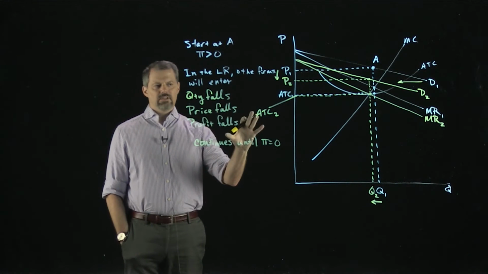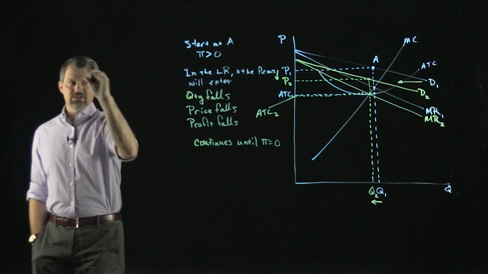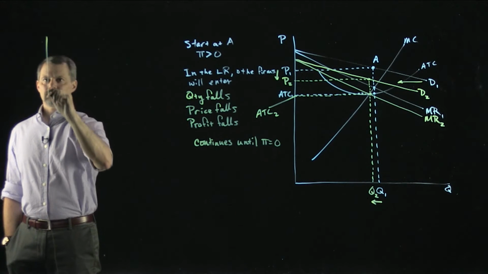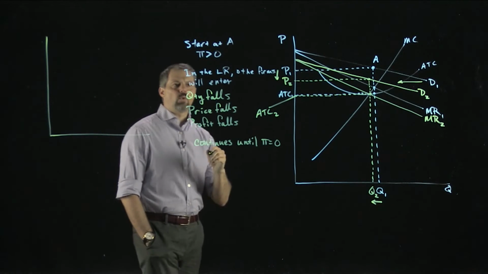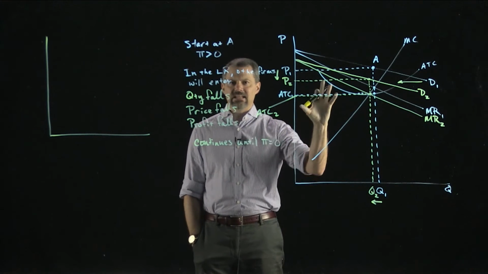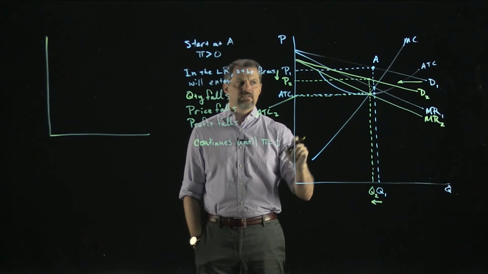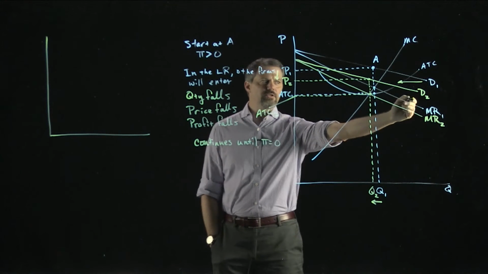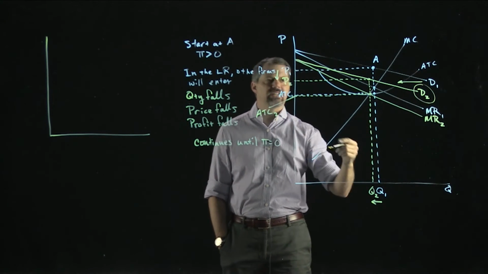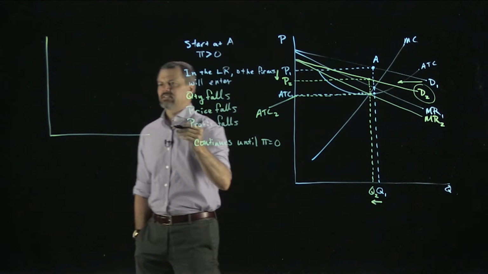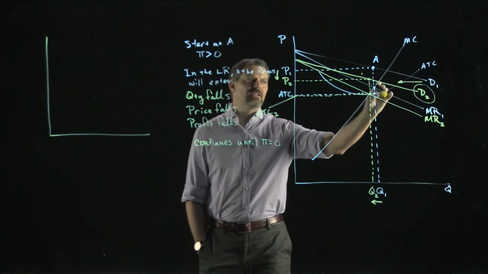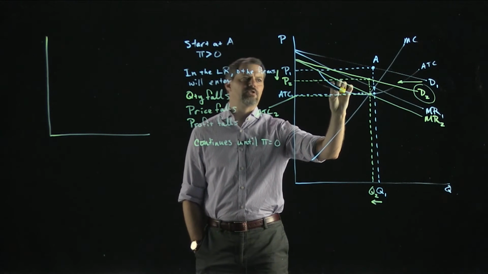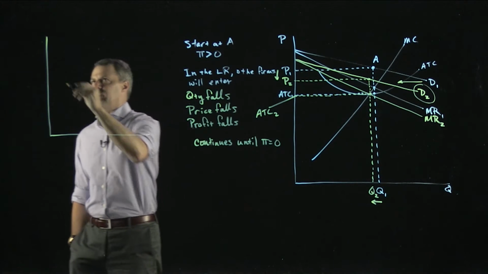What I want to do here is just finish this section by drawing a picture of what this looks like at the end of the process. So this residual demand curve D2, that's just an intermediate step. Let's think about what this is going to look like when residual demand has shifted to the left enough to drive profit to zero.